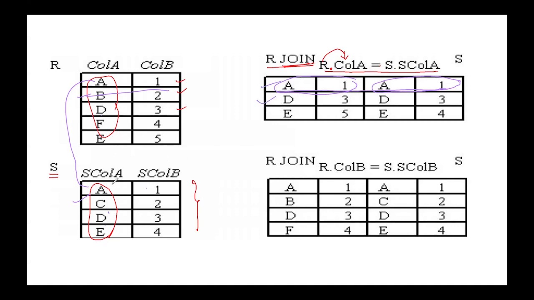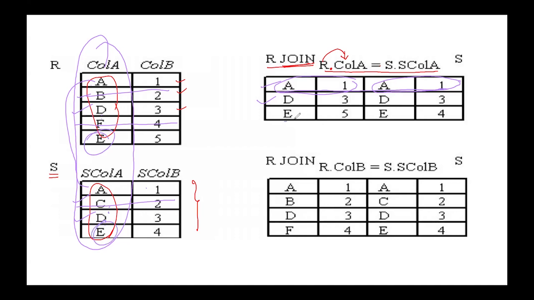This I'm going to keep. What happens to C? C is not there. So again, I'm going to cancel it out. D is there. F is not there. I'm going to cancel it out. We are first checking over here. Remember, the condition is between these two columns. This should match. If it is matching, then I'm going to keep the entire tuple of both R and S. Next, E. Do I have E? Yes, I have E here.